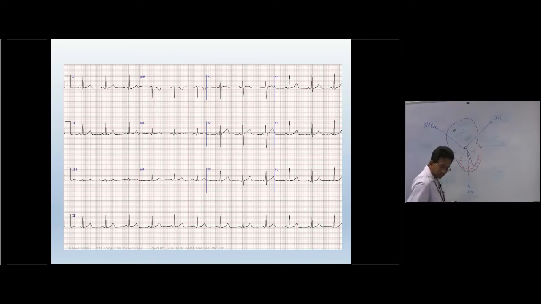Now V5 and V6 gather abnormalities of the left ventricle, the lateral inferior wall around that area. And lead 1 and AVL gather electrical activity which happens around this area, the lateral upper wall abnormalities.